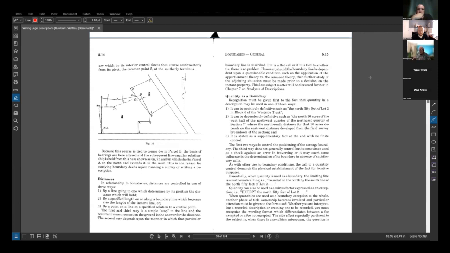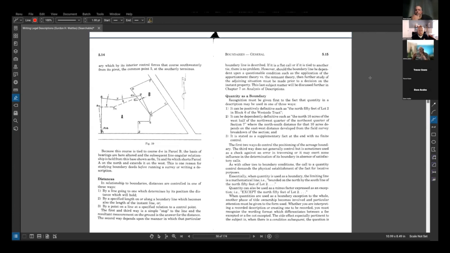So I start out here by backing up, and instead of looking at the individual courses in this thing, I want to take a look at it from an overall standpoint. And because we want to give a meaning to everything that's in that deed, we want each phrase to contribute to what the intent of this deed is.